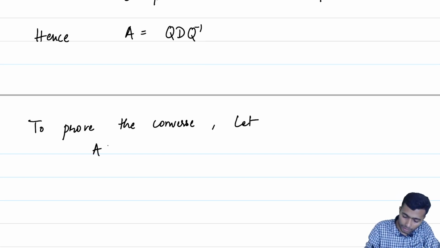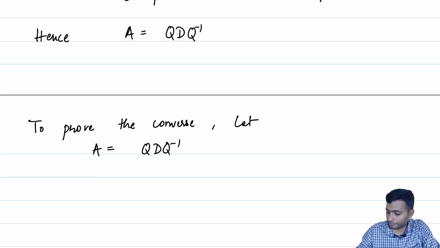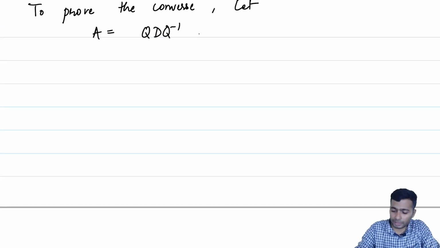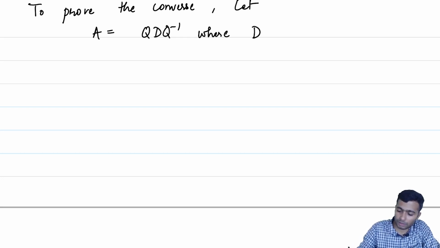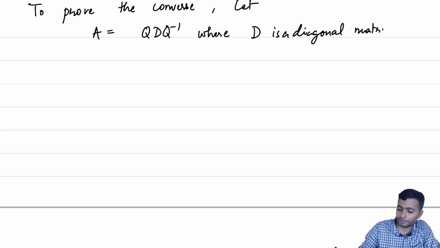let A be equal to QDQ inverse, where D is a diagonal matrix and Q is an invertible matrix.